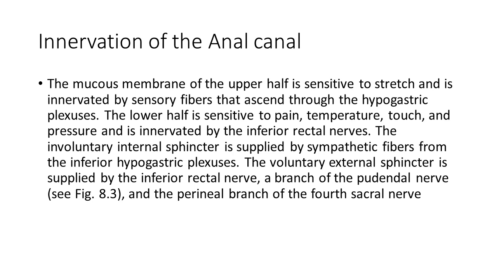The involuntary internal sphincter is supplied by sympathetic fibers from the inferior hypogastric plexus, and the voluntary external sphincter is supplied by the inferior rectal nerve, a branch of the pudendal nerve, and the perineal branch of the fourth sacral nerve. This is a very important point.